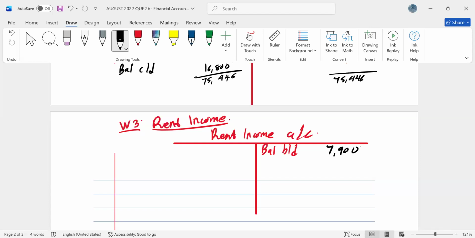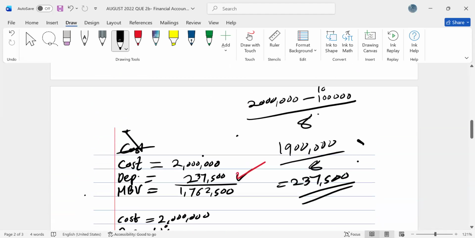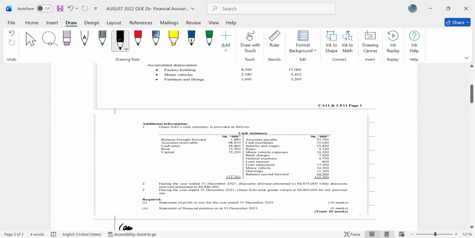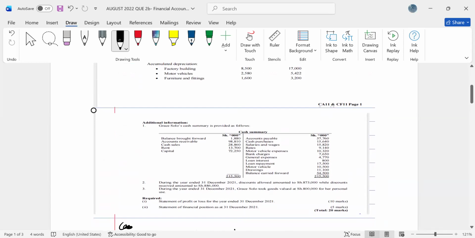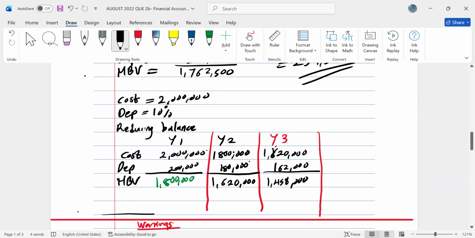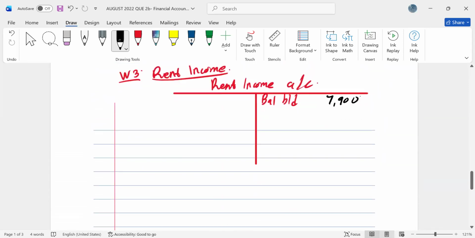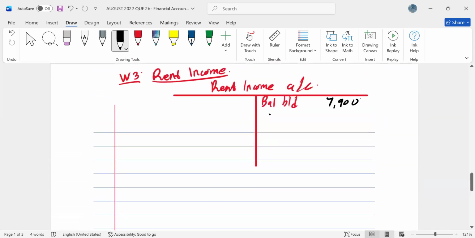So when it comes, we credit. Something was paid, the one that was debited in our cash book. Note number 1. They are talking about rent here, 13,700. Because it is an income, we can assume either it was paid by bank or cash. So we can just say bank, 13,700.